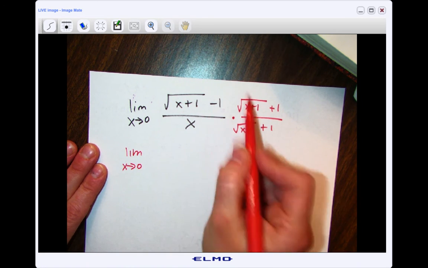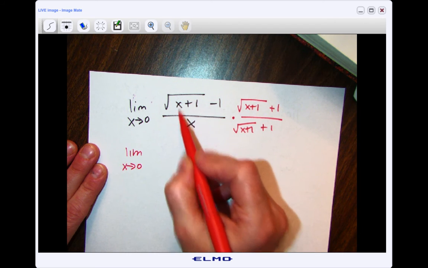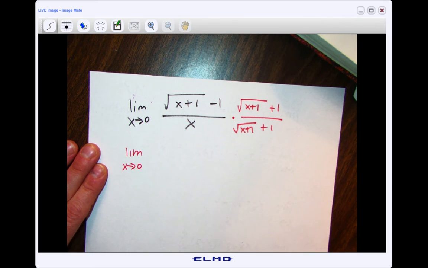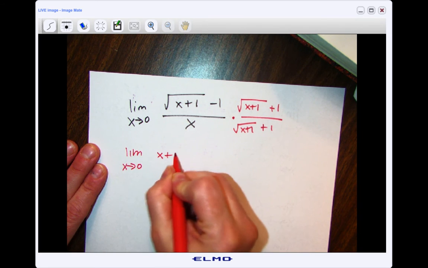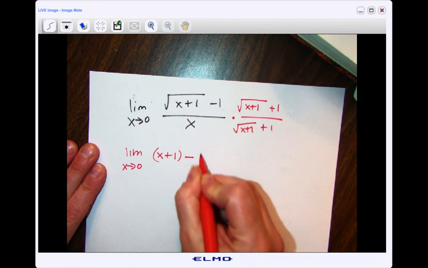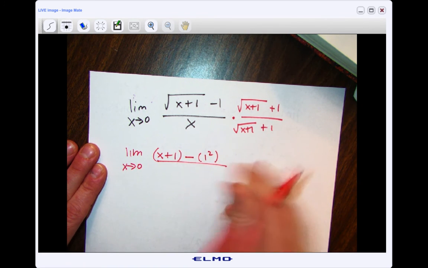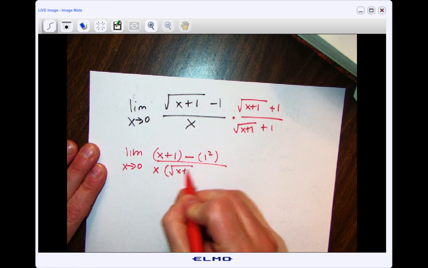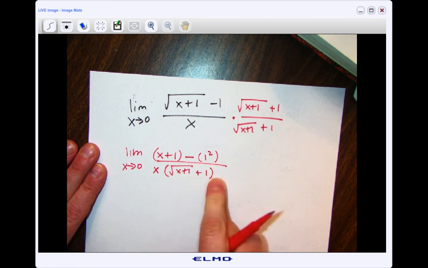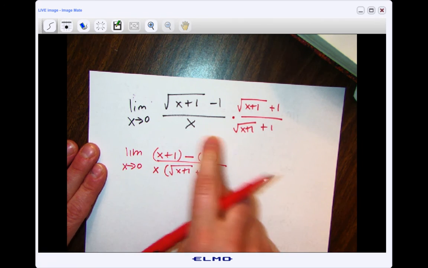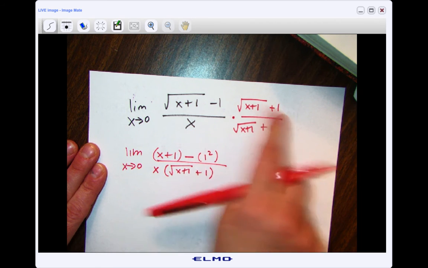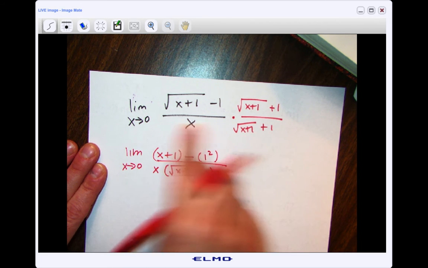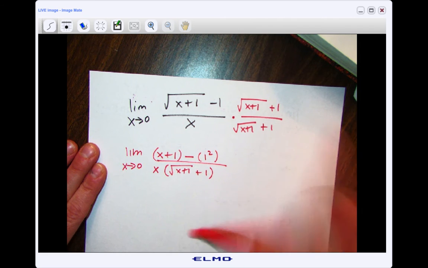Okay, and remember, we're going to FOIL it out, but this is going to be -1 of that, +1 of that. That middle term disappears. So it's going to be the square root of x plus 1, squared, minus 1 squared, all over x. And don't forget that this guy is on the bottom. I know every once in a while I forget to write that down too. When you multiply fractions, you're multiplying the top and the bottom. So sometimes people just ignore this and forget him.